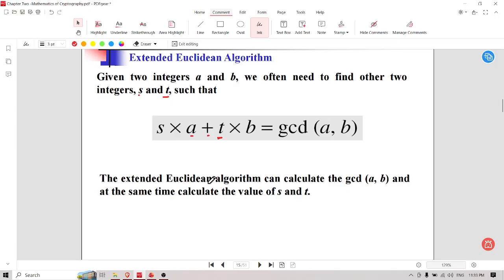The extended Euclidean algorithm can calculate the GCD of a and b, and at the same time calculate the values of s and t. So we can use it to calculate the GCD and also to find t and s. How? We will now explain it.